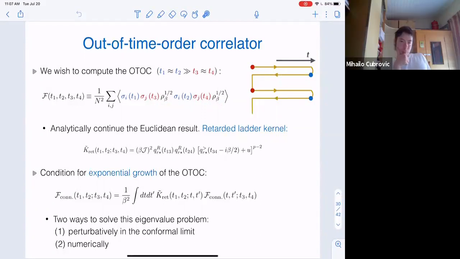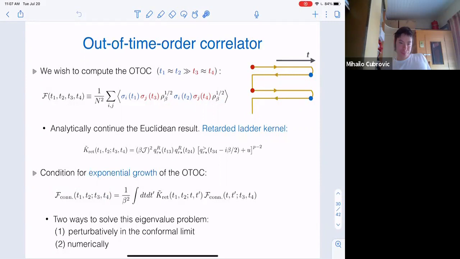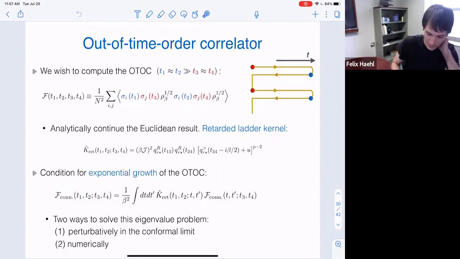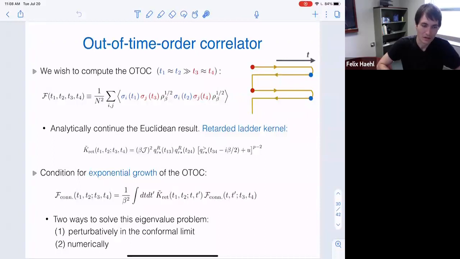And the reason this choice is particularly nice is because the connected contribution is going to be real. The way it shows up in the kernel is here, there's this minus i beta half, that makes this one real. Otherwise, it's going to be complex, and you have to think a bit harder about what you want to do. But at the end of the day, the Lyapunov exponent, I think, does not depend on these choices.